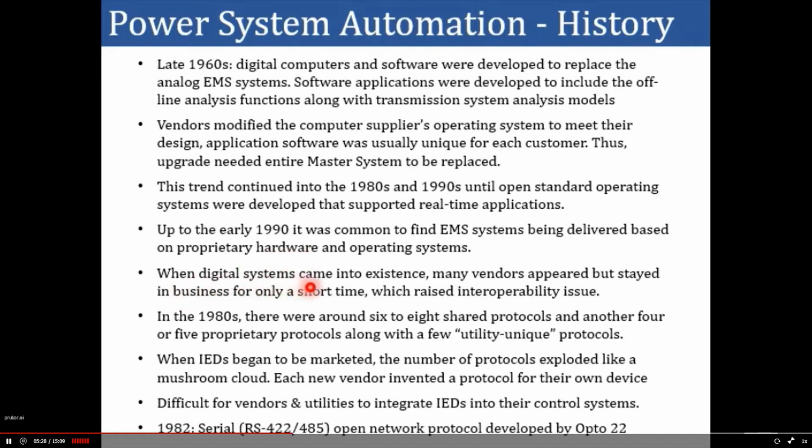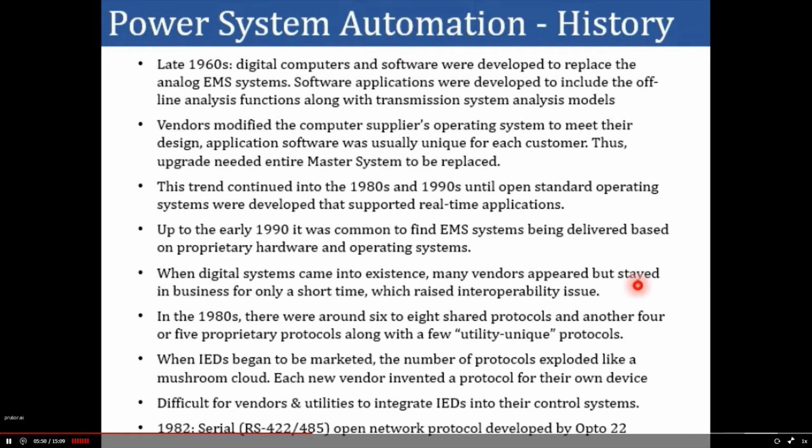So when digital systems came into existence, many vendors appeared, but they stayed in the business only for a short time, which caused interoperability issues, because when they were in the business, they developed the system with their proprietary protocol.